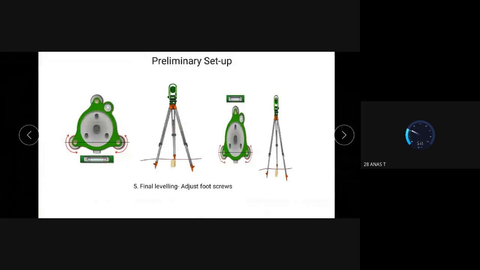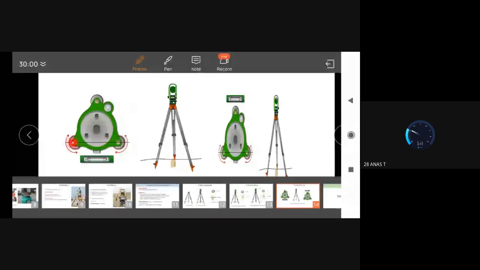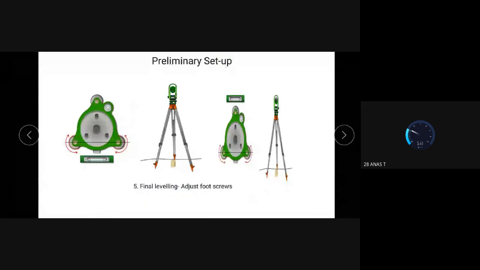We rotate those screws either inward or outward, but we have to do it simultaneously. By rotating that we can see the bubble will come to the center.